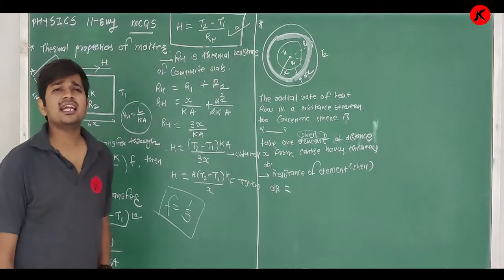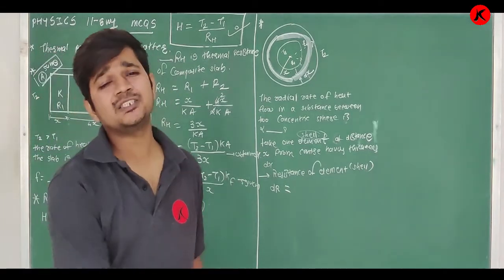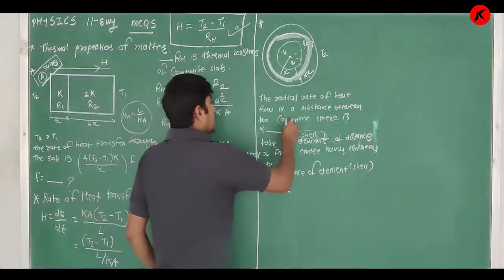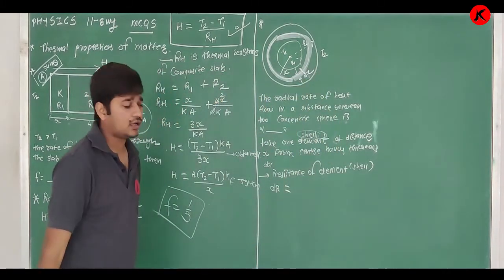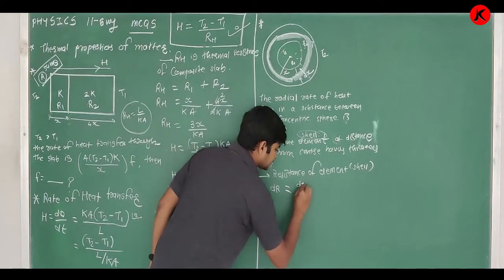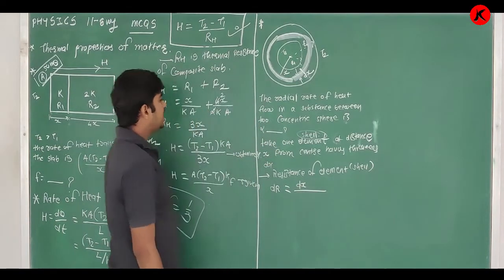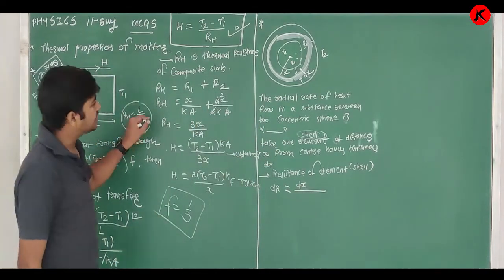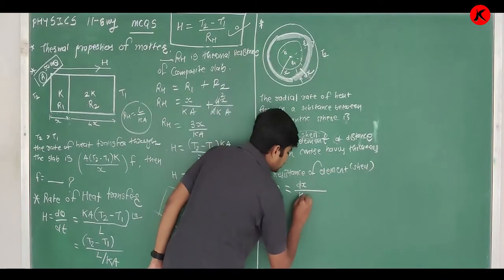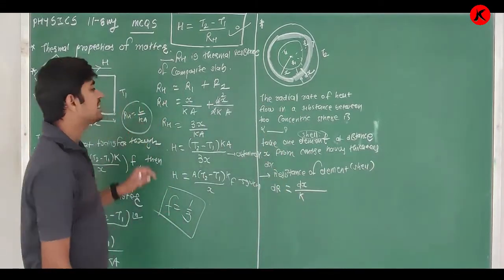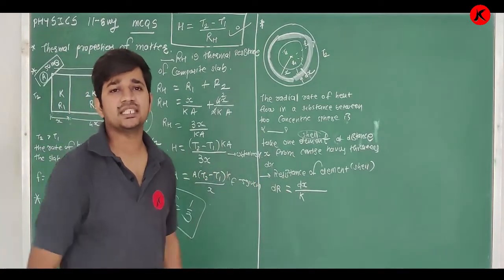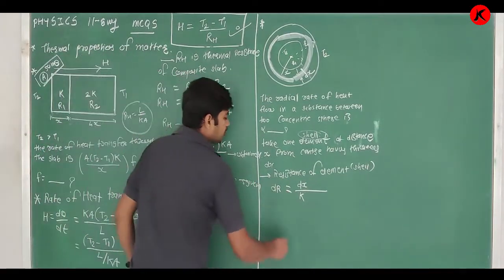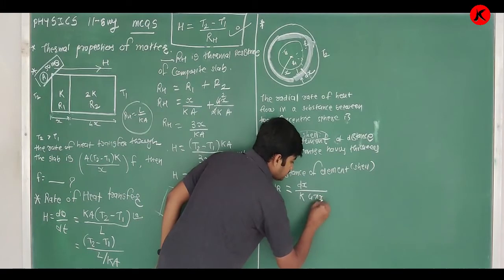L means the length through which heat is passing, so it is the thickness through which heat is going, dx, divided by K, the thermal conductivity, which will remain the same in the material. And A is the area through which heat is passing. For this shell, its area is 4 pi x square.